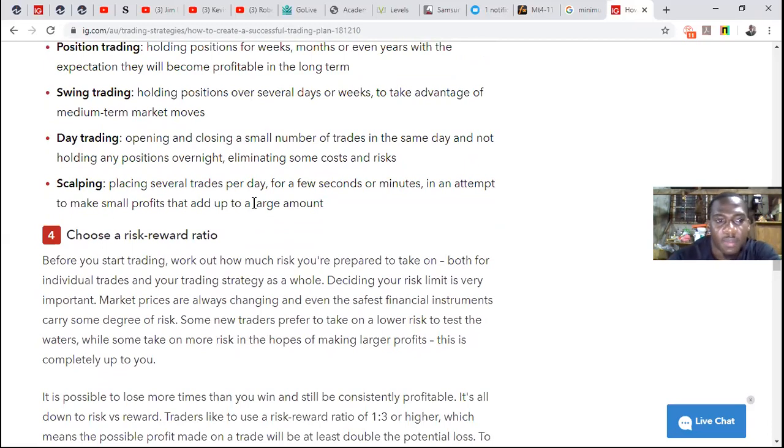Right? So like swap, some brokers put swap on your trades. Right? So the traders run from that. And scalping, placing several trades per day for a few seconds or minutes, right? In an attempt to make small profits that add up to a large amount, right?